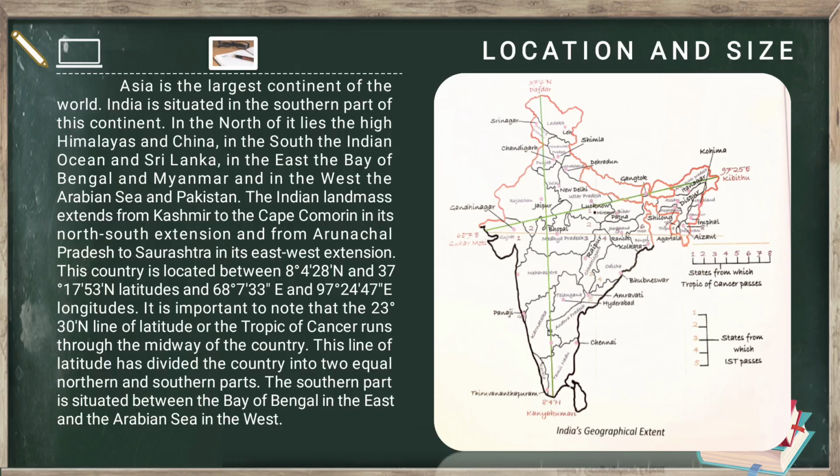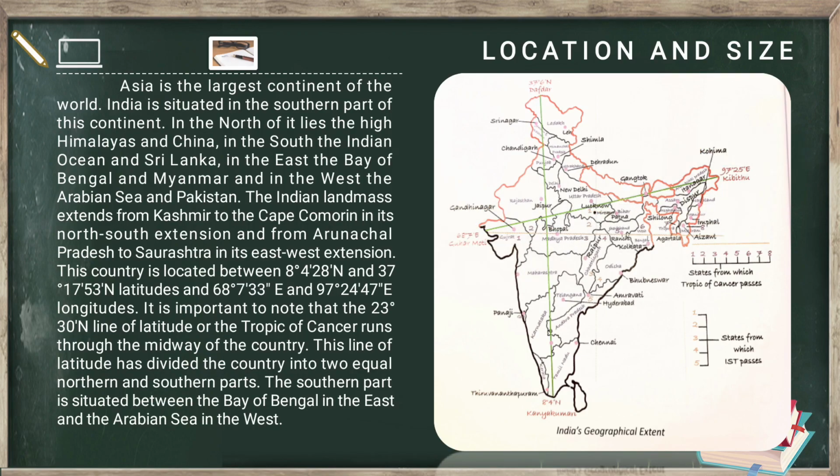Now this is the south. The Indian landmass extends from Kashmir to the Cape of Comorin in its north-south extension, and from Arunachal Pradesh. So this is Arunachal Pradesh. So from the east to the west extension, this is Saurashtra.